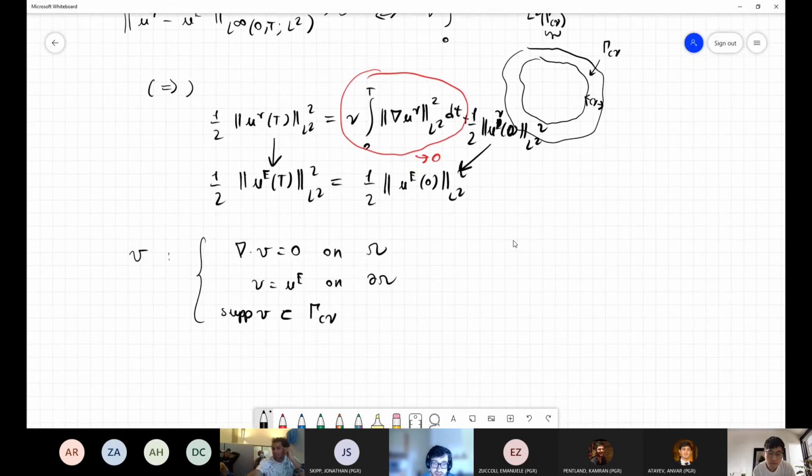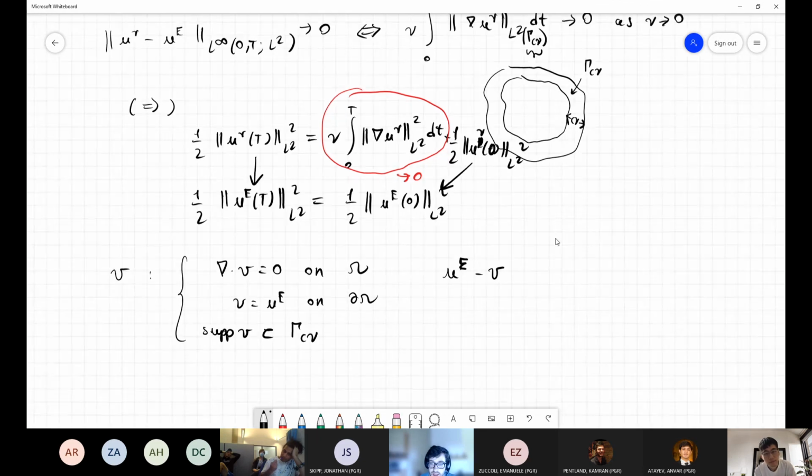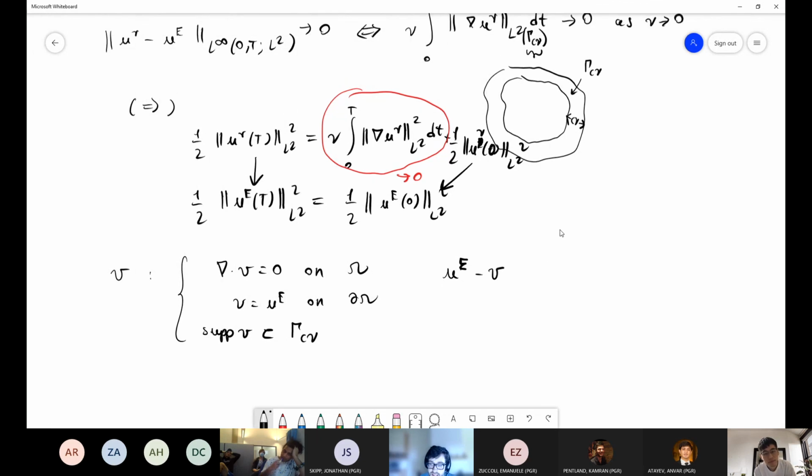And if you introduce something like this and you consider the Euler solution, then if you take u_E minus v, this equals 0 at the boundary.